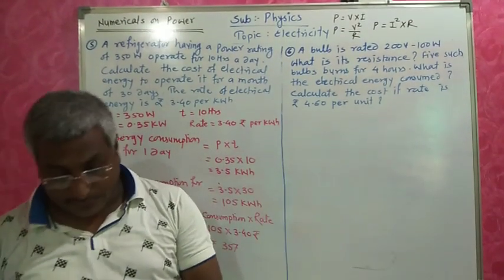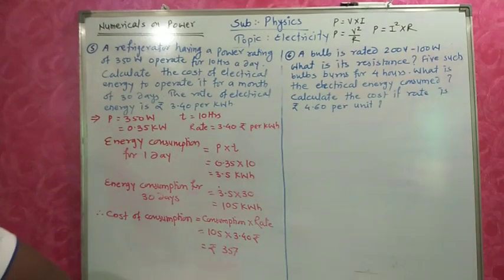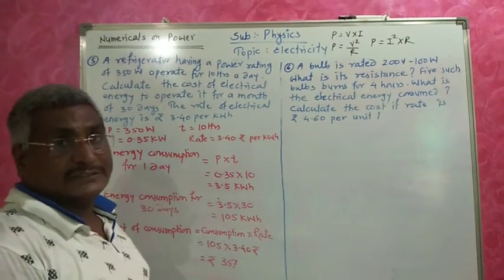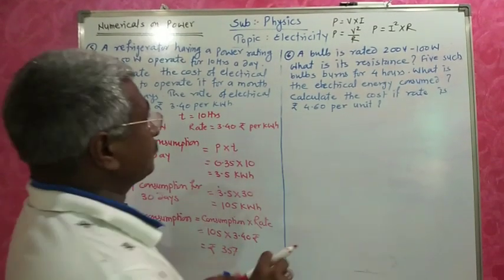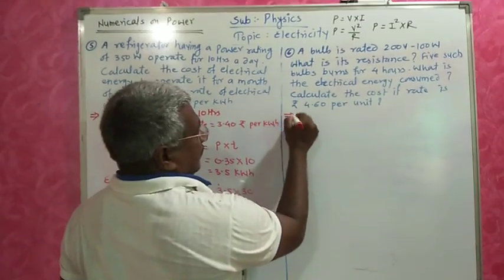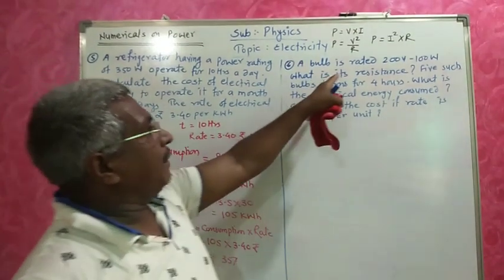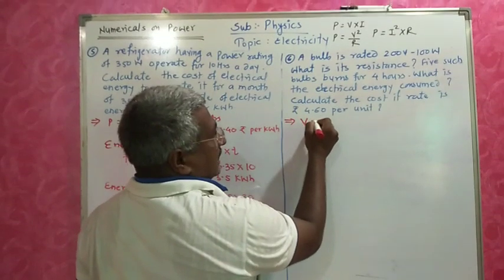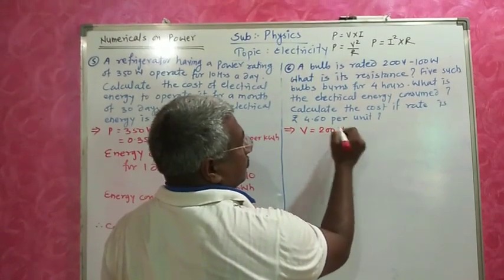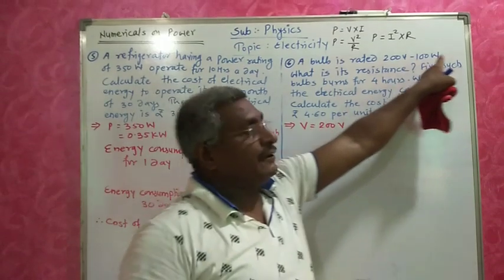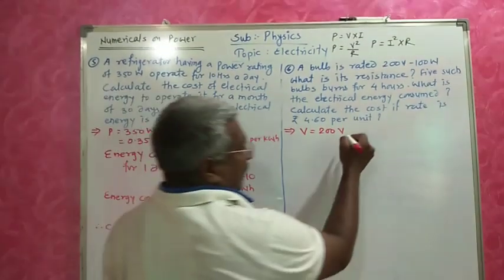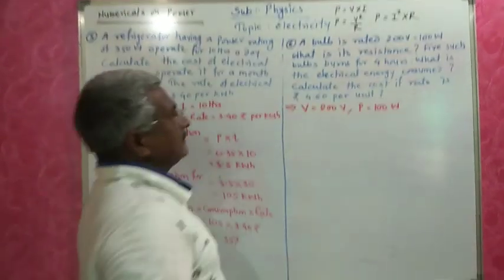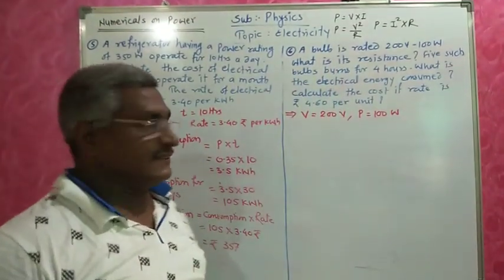So this is the question. In this question, see what is given. First, the given part is important. So what is the given part in this question? Bulb is rated 200 volt. 200 volt means the potential difference is given, 200 volt. 100 watt means the power is given, 100 watt. What is its resistance?